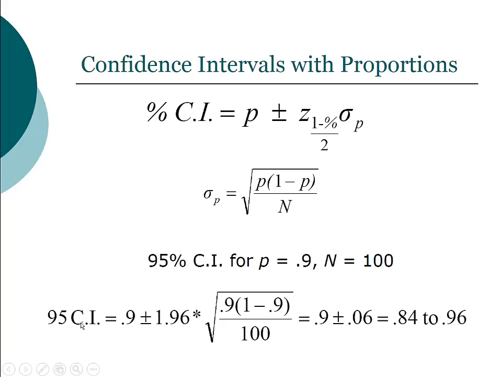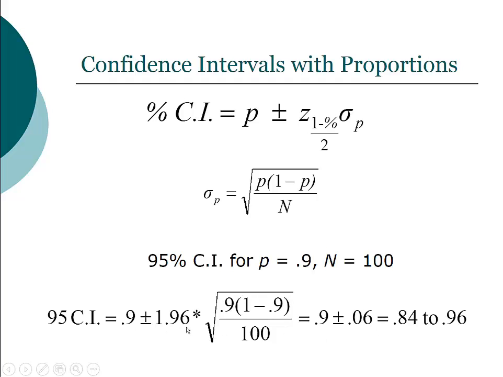So the 95% confidence interval is 0.9 plus or minus, and the z-score that we look up for the 95% confidence interval is 1.96, times the standard error. We take this P and put in 0.9, and this P, 0.9. Then we take the sample size of 100 and put it right there, and we take the square root of this.